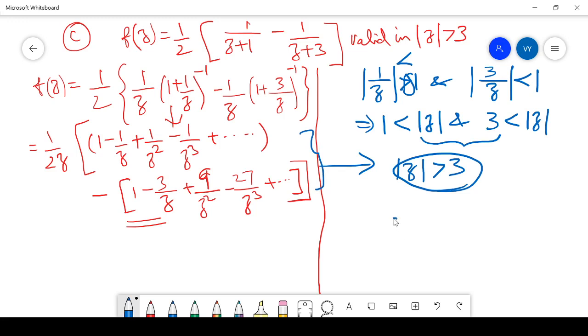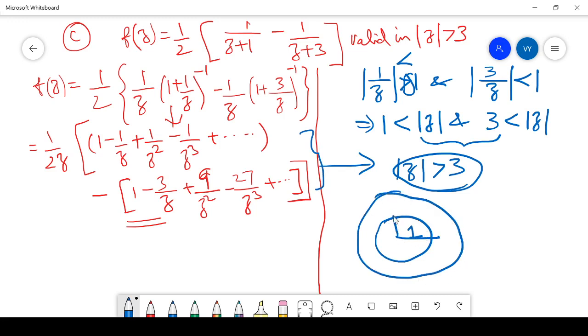See, now you can see this is very simple. This will be mod z is equal to 1, and when I take a larger circle, namely mod z is equal to 3. Okay, in this case what happens here is that the region of convergence or intersection of these convergence will lie in this part.